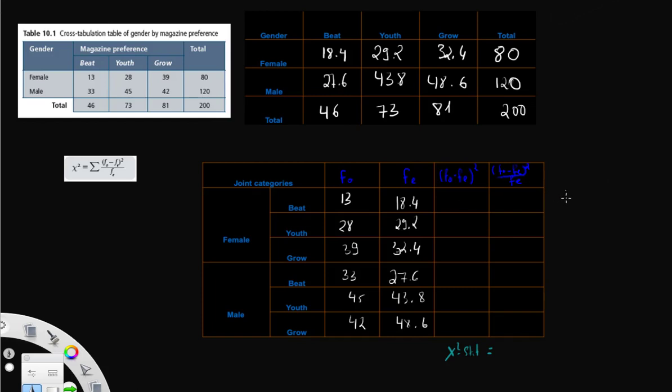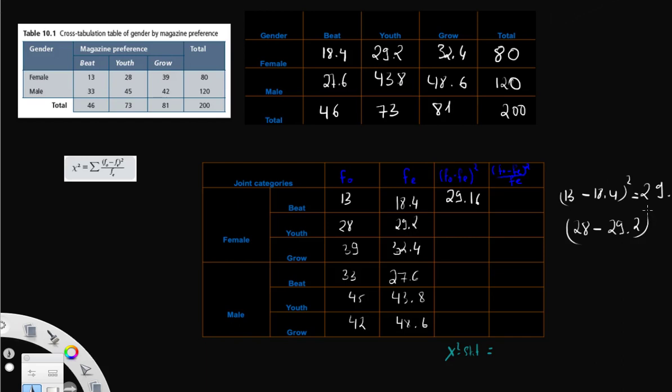So what I'll do here, I'll do 13 minus 18.4, and the answer that I get is squared. So that should give me 29.16. Then I'm going to write it here, 29.16. Then I'm going to take again 28 minus 29.2.